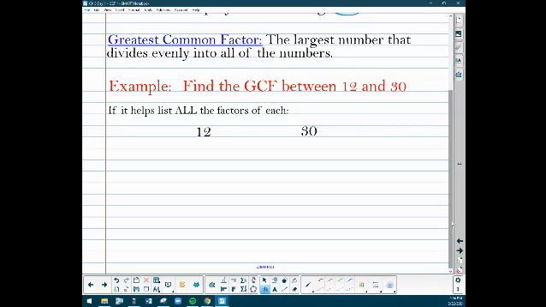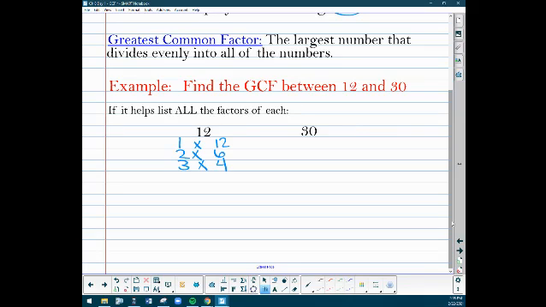The first one is 1 times 12. 2 times 6 gives me 12. 3 times 4 gives me 12. Those are all of the combinations that multiply to give me 12.